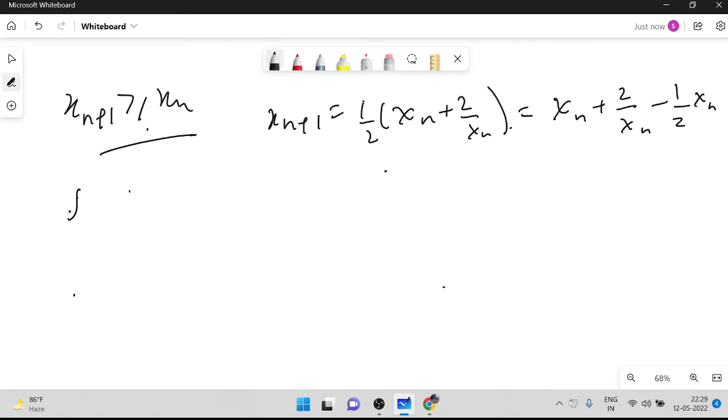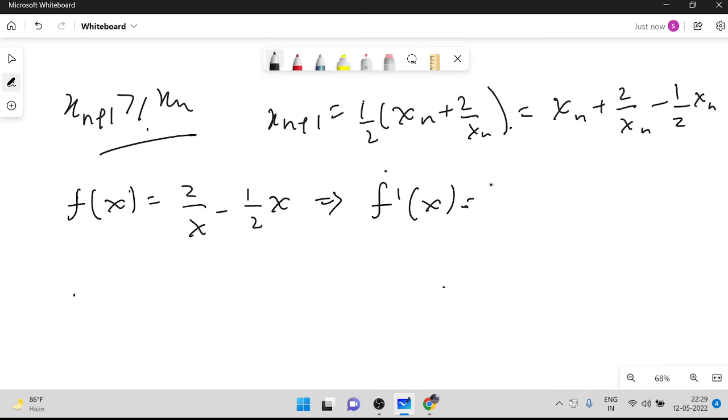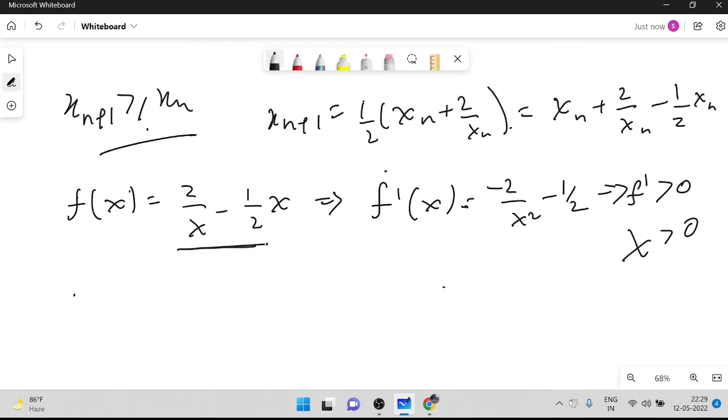So I'll just take f(x) = 2/x - x/2, which implies f'(x) = -2/x^2 - 1/2. So f' is always less than 0 for x greater than 0.